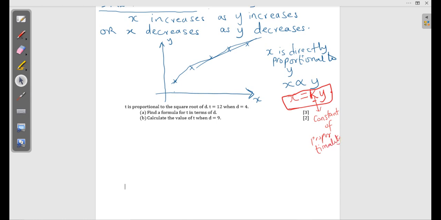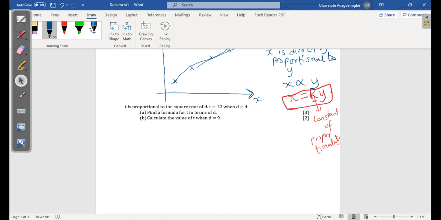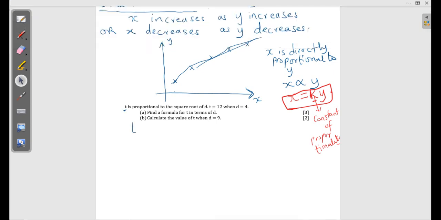Good. So let's look at this question now, and it says T is proportional to the square root of D. So when you bring in the equal sign, it becomes T equals K root D. So going back, what is my T? My T is 12.